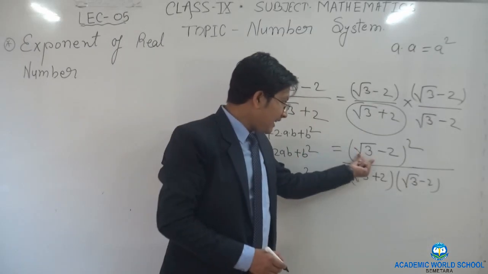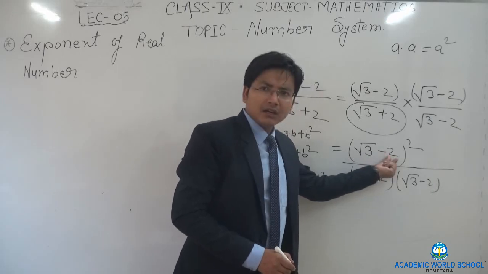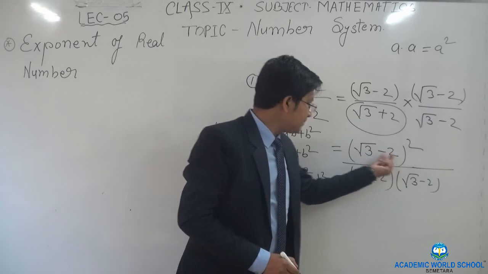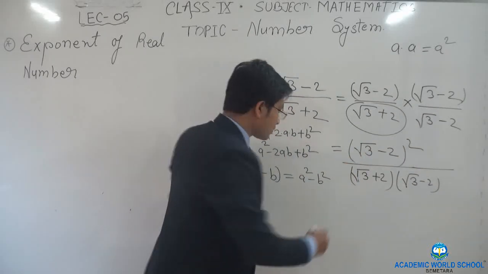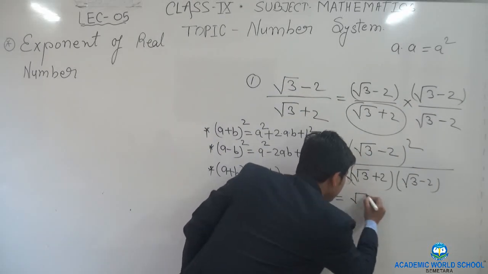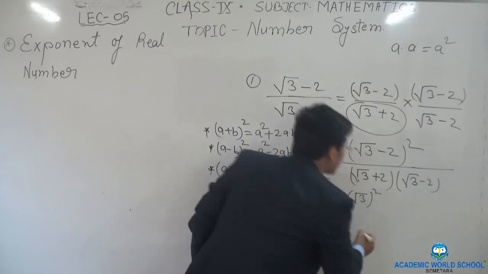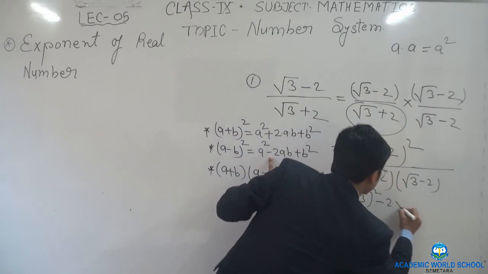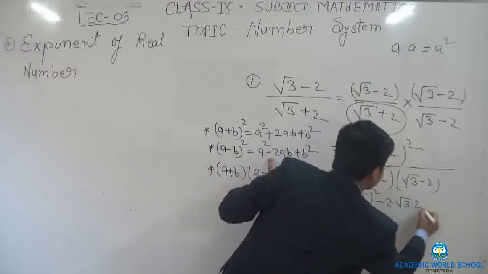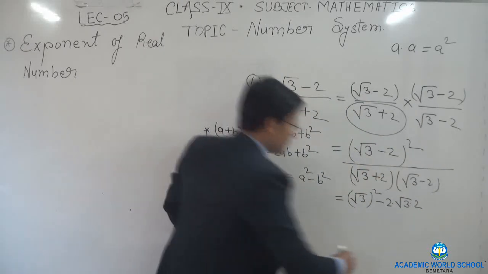So this is a minus b, a minus b. So what should I write? A square. So that is root 3 square. So I will be writing a square then minus 2 into a into b. So 2 into a means root 3 into b plus b square.